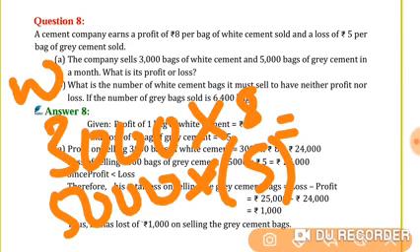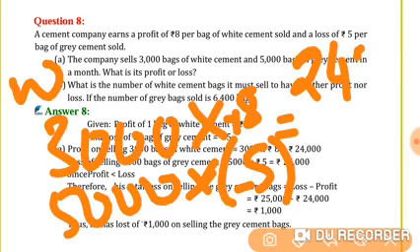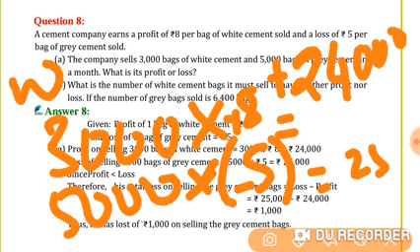See, I'll take the profit as plus and loss as minus, because it is a loss, no? So the profit is 3000 into 8, which is 24,000 plus you got, and 5,000 into 5, 25,000 minus.